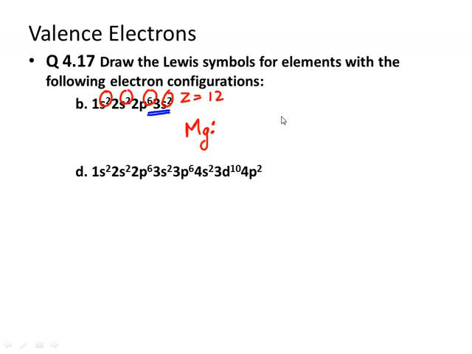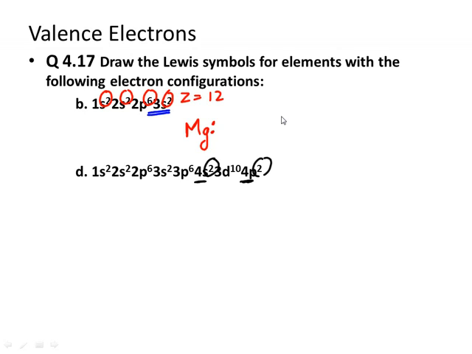Following exactly the same logic, now this element belongs to period 4 because the valence shell is 4. This element has 4 valence electrons. That means it belongs to group 4A.